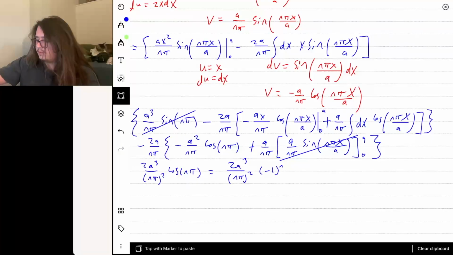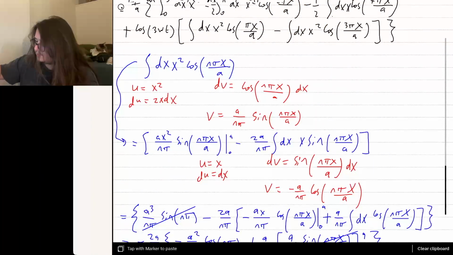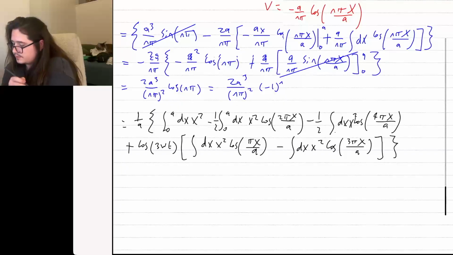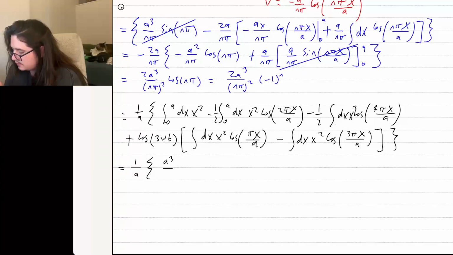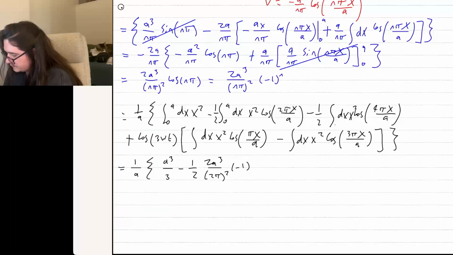So we got there. We have a table integral now for this kind of integral that shows up so much in our problem. So we're going to come back up here and use it a bunch of times. Okay, I copied it back down so I can quickly reference it. So 1 over a on the outside of the big curly bracket. Trivial integral, the result is a cubed over 3. Then we got minus 1/2 of 2a cubed over 2 pi squared with a minus 1 to the just 2.